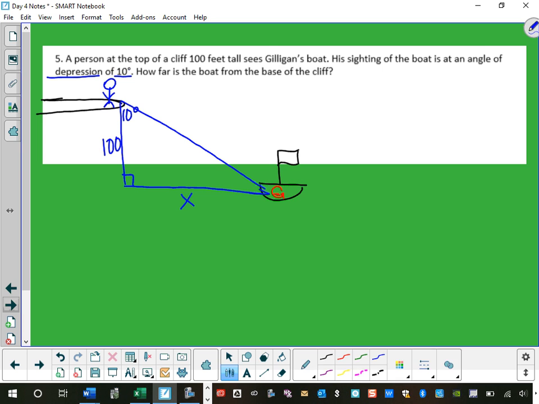All right, so notice how step by step I filled it in. It said angle of depression. I thought about my line of sight. My angle went under my line of sight. And now we filled in the rest. If we're looking at this 10-degree angle, adjacent, hypotenuse, or opposite, what gives the 100?